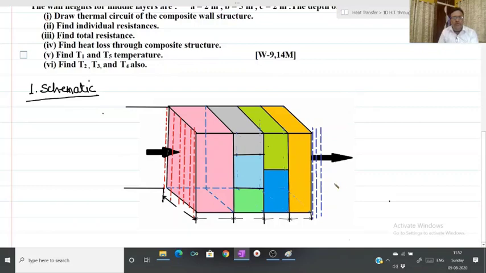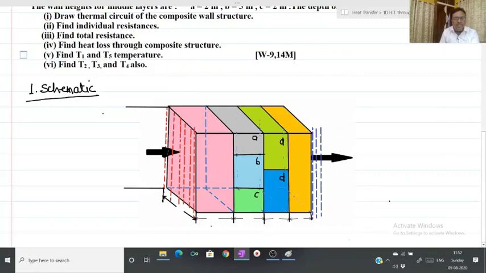These are the 4 slabs of the composite wall, where slab 2 is made up of 3 different materials represented by the distances A, B, C, and the fourth wall is made up of 2 different materials having their height D. So both are of same height.